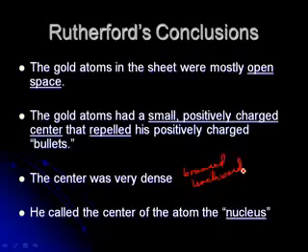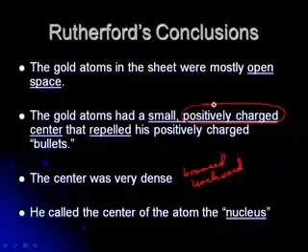Then the other thing he concluded was that because some of them were deflected, and the alpha particles are basically the nucleus of a helium atom, which means it has a positive charge, these positively charged alpha particles were being deflected and going to the left or to the right.